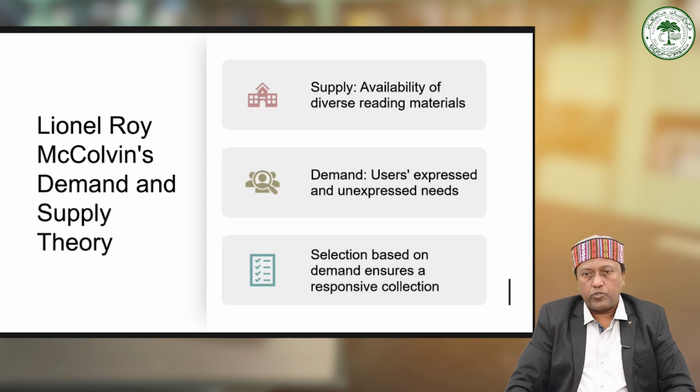McColvin refers to the supply as the available reading materials in all its varieties. This encompasses the entire range of books, periodicals, and other resources that could potentially be included in the library's collection. Librarians must ensure that their collections offer a diverse and comprehensive selection of materials to meet the varied interests, preferences, and information needs of the users.